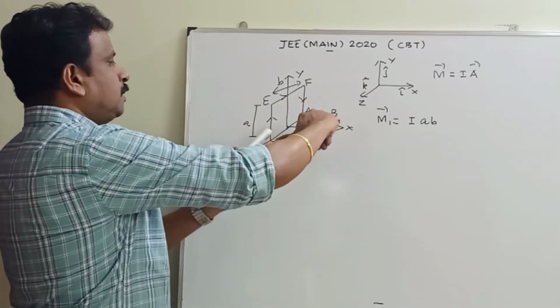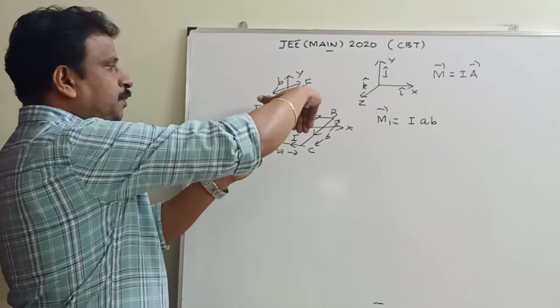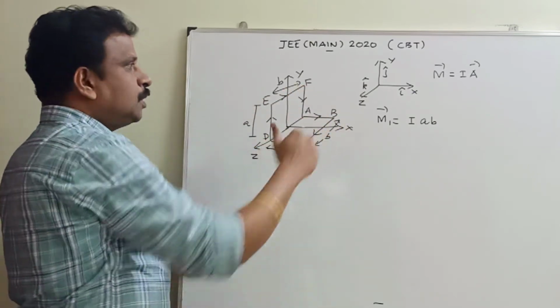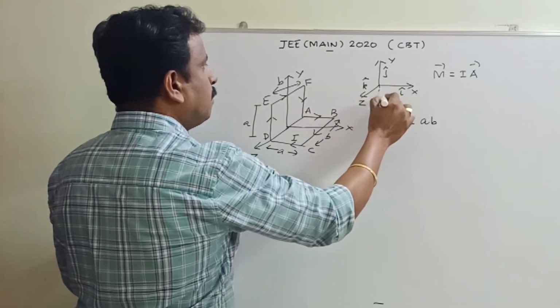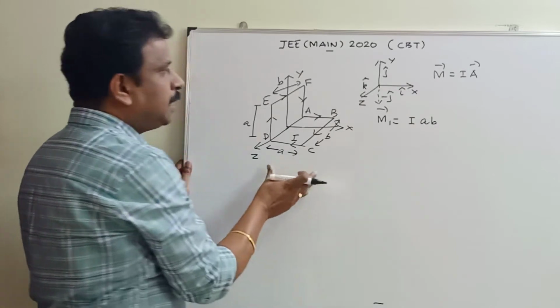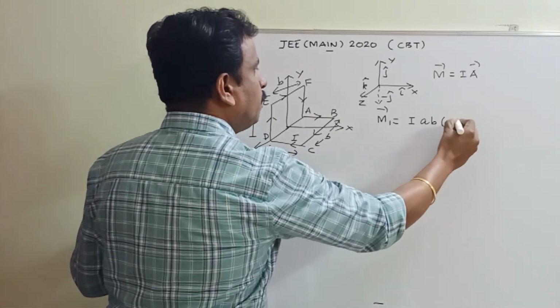When you keep the thumb towards my left hand side, the other fingers show the downward direction. The downward direction here is minus j cap. So that is the area vector, and therefore your answer will be I A B into minus j cap.